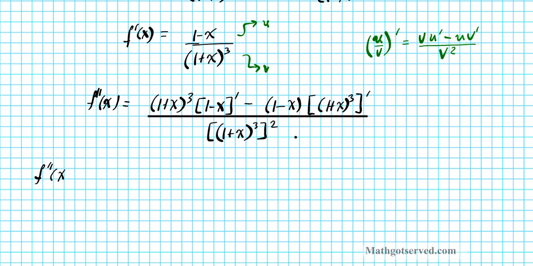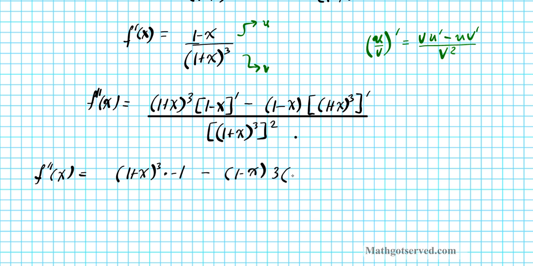f double prime of x is equal to 1 plus x to the third. Now the derivative of this is just negative 1, times 1 minus x. We're going to apply the chain rule here again. Differentiate the outer function, which is x to the third. It's going to be 3x squared.